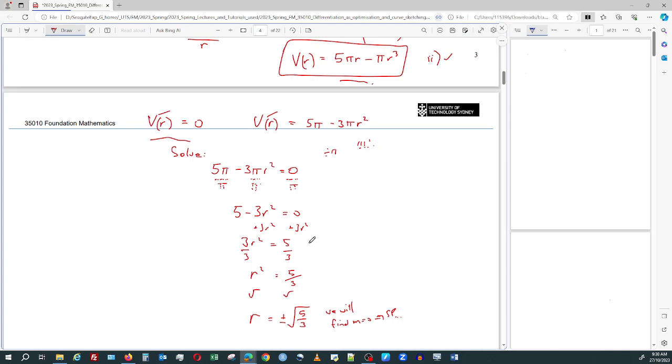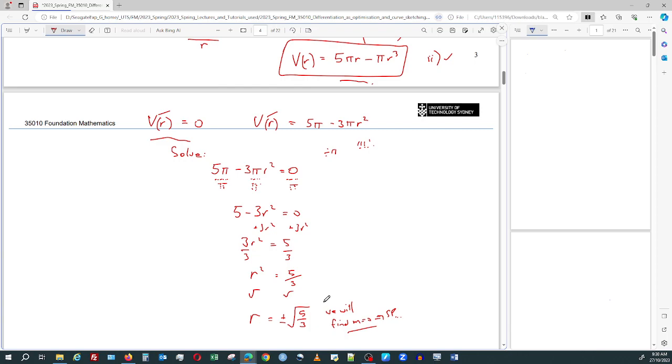But that's our first port of call. We have two radii, plus or minus square root of 5 on 3, and they are where we will find m equals 0. Now, the next thing we need to do is the second derivative test.